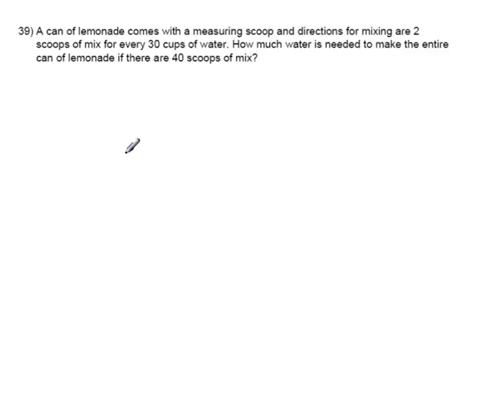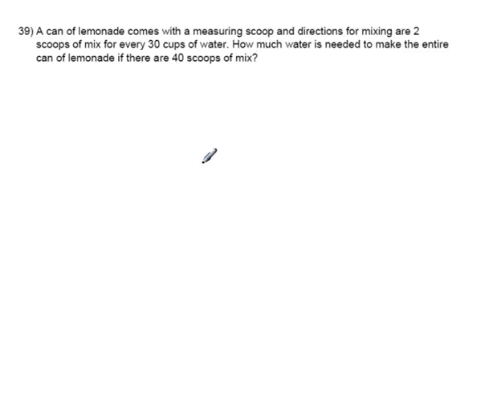All right, 39. 39 says a can of lemonade comes with a measuring scoop, and directions for mixing are 2 scoops of mix for every 30 cups of water. So how much water is needed to make the entire can of lemonade if there are 40 scoops of mix?